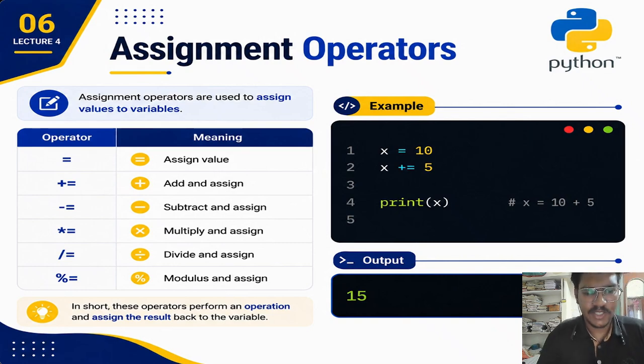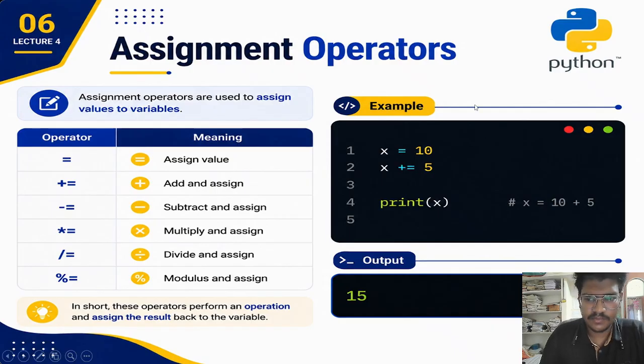Now let me explain the logic. num plus equal to 5 says take the current value of num, add 5 to it, and store the new value back in num. It is a very useful and powerful shorthand.